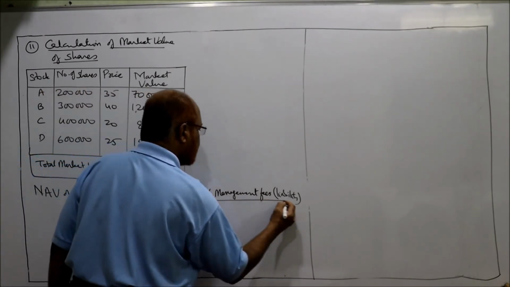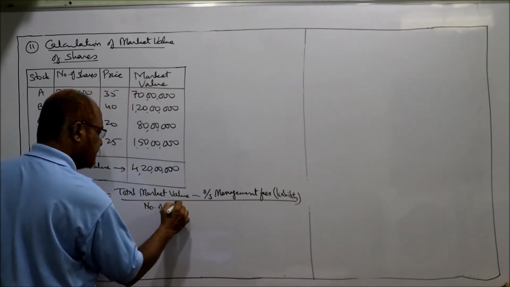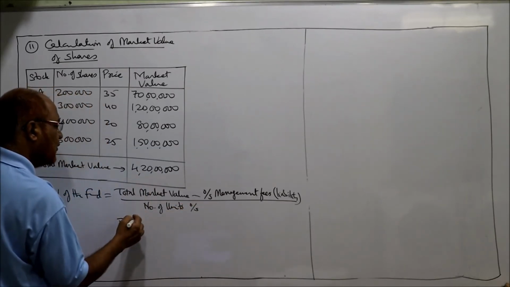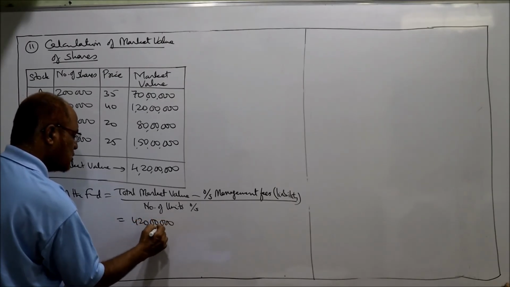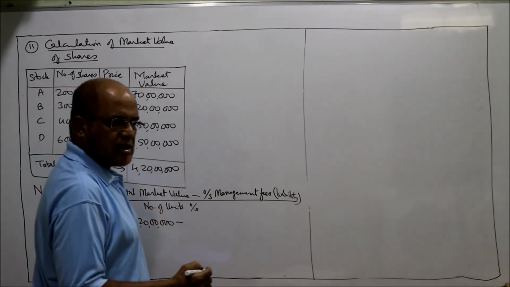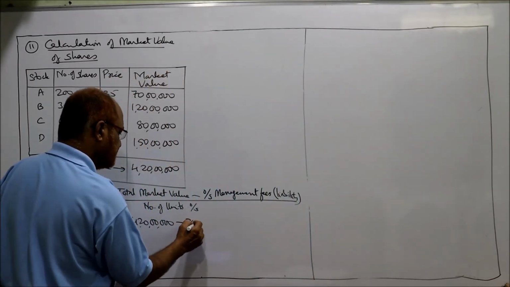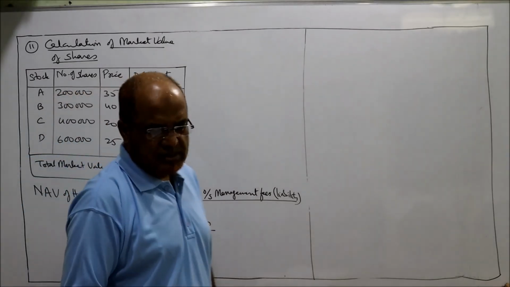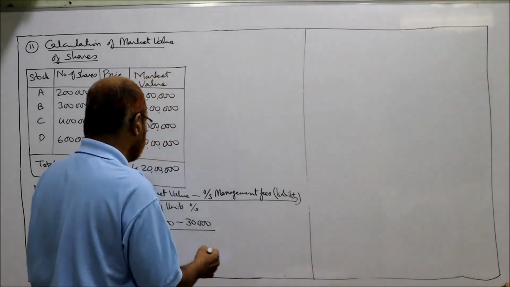So market value of all the investments 4 crore 20 lakhs minus outstanding liability 30,000, divided by number of units outstanding, which is given in the problem. 40 lakh shares are outstanding.